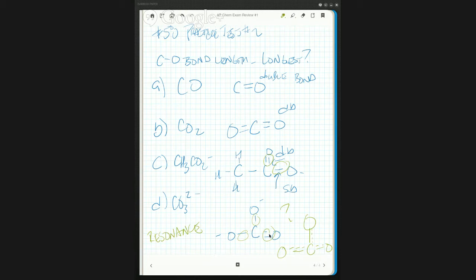There's just 1 double bond spread out over 3 bonds. So really, it's definitely not as long as a single bond. If you remember, and just for fun, we're going to make this yet a different color. Single bonds are longer than double bonds, which are much longer than triple bonds.